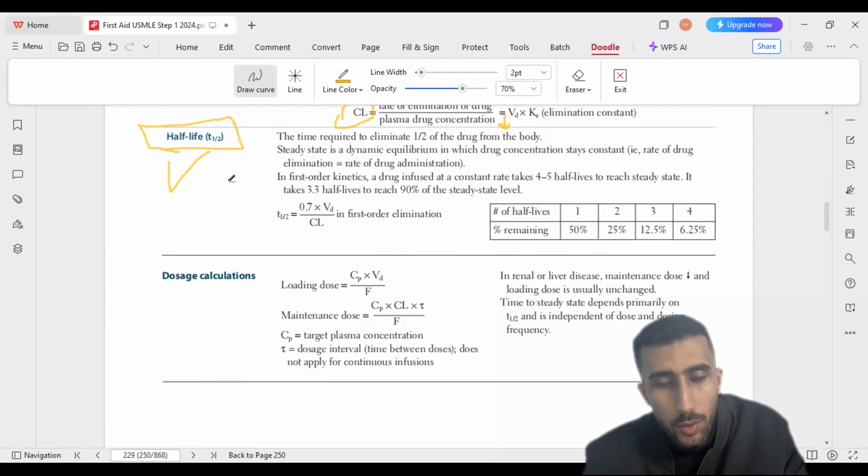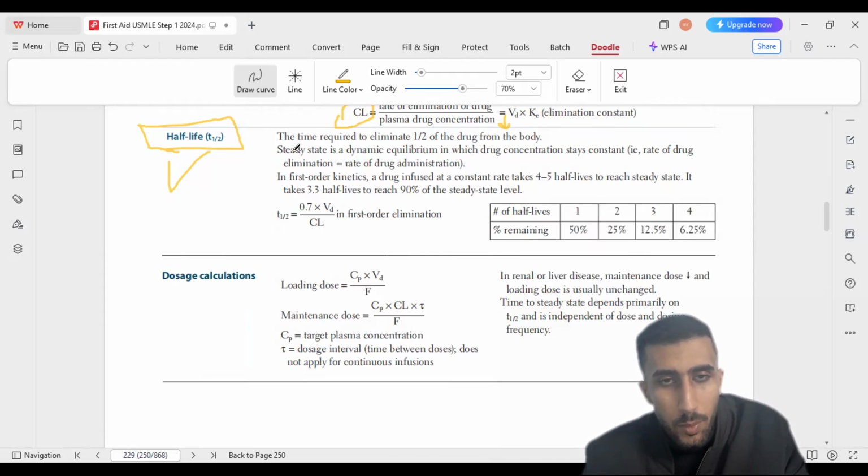You get an IV dose of 100 milligrams, and the half-life is a time. How much time does it take for this 100 milligrams to reach 50 milligrams, and then 25, then 12.5, then 6.25? So this is the half-life.